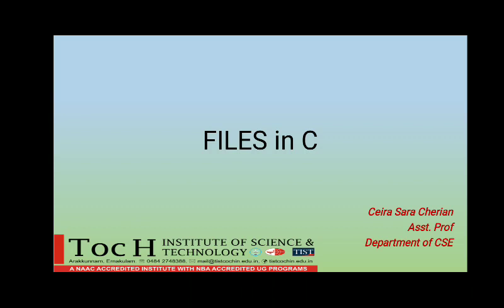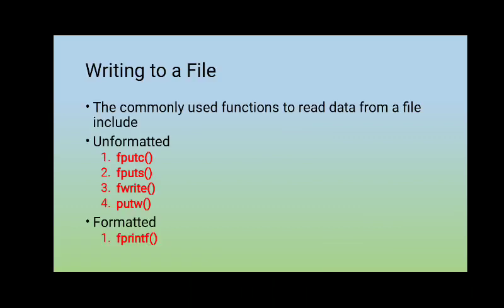Now in this video we'll be dealing with various functions that you can use to write data to a file. All those functions which you had used for reading data from a file will have a corresponding write operation also. So similar to fgetc, you have fputc. For fgets, you have fputs, for fread you have fwrite, for getw you have putw, and for fscanf you have fprintf.